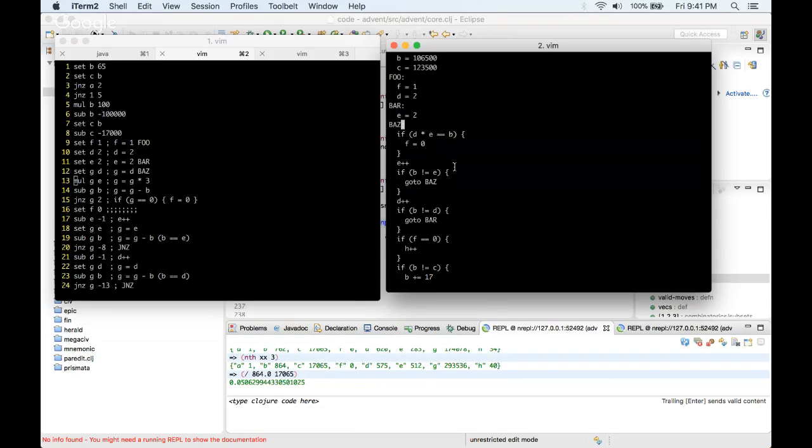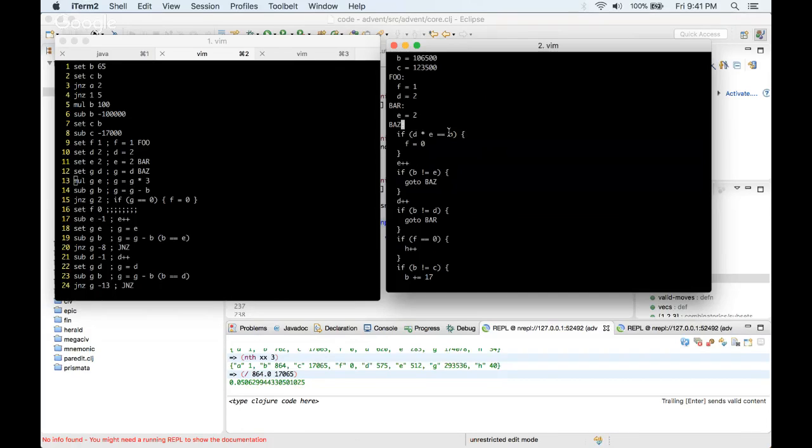We have the values D and E, and we're asking how many times is it the case that, as we're going up this thing, these values multiply together to produce this.